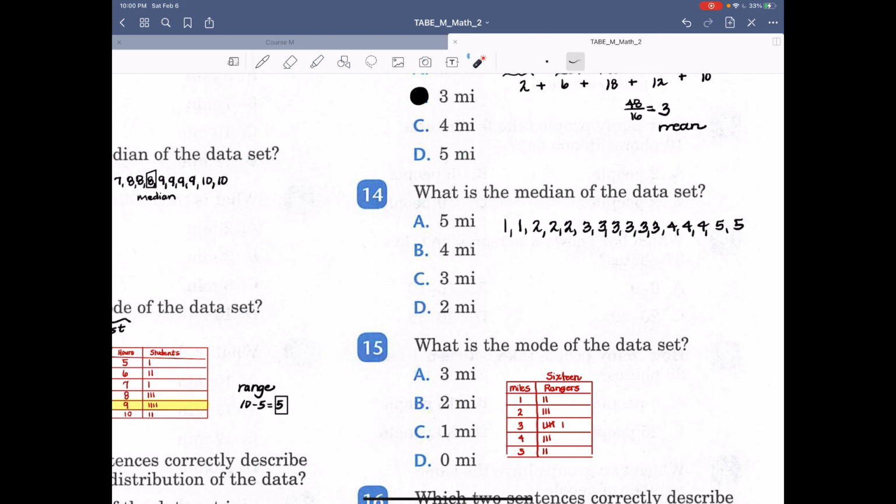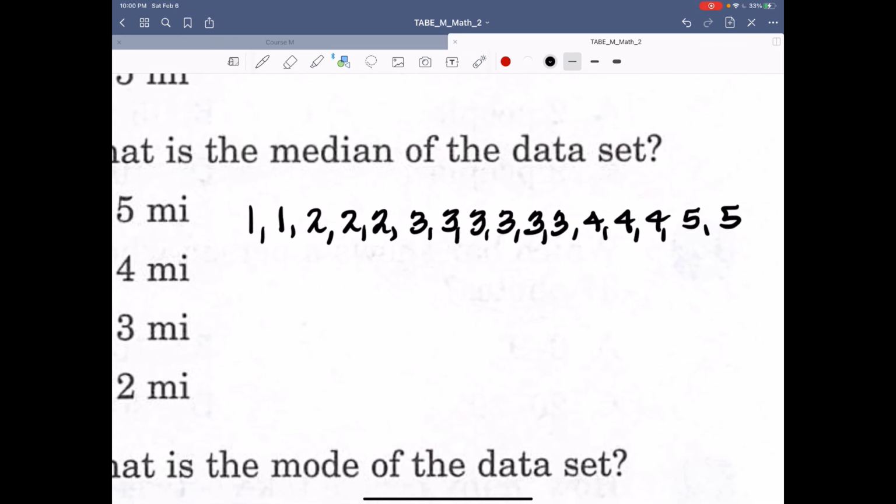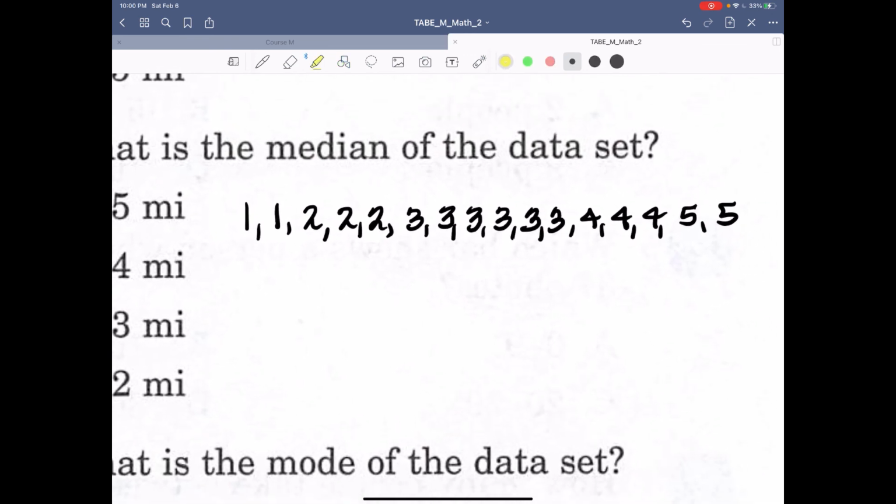We have 16, so the midpoint would be halfway. This is a tricky one. Let's zoom in here. So I would take 8 off each side. 1, 2, 3, 4, 5, 6, 7, 8. And then come in this way with 8 of them. And you see what's happened. The median is right in there.